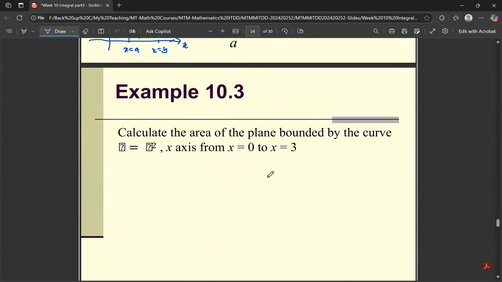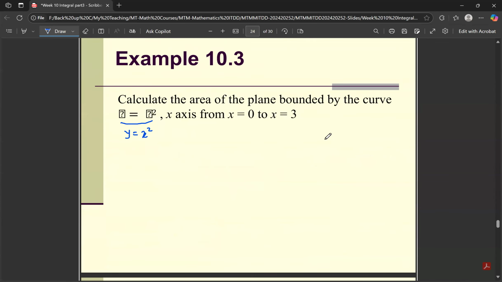I make a decision to write down the function y equals x squared from 0 to x. We must know the area, so at least we can write down the sketch of the area to make sure, or give us the chance to check whether the solution is correct or not.